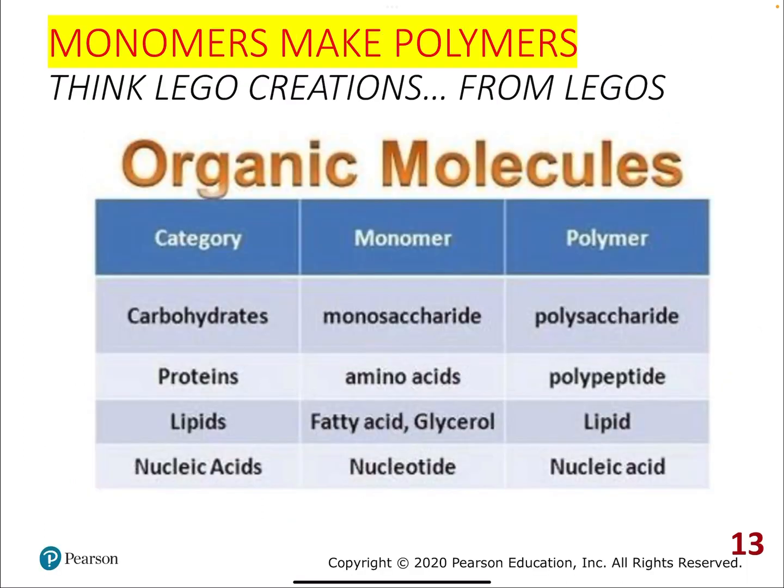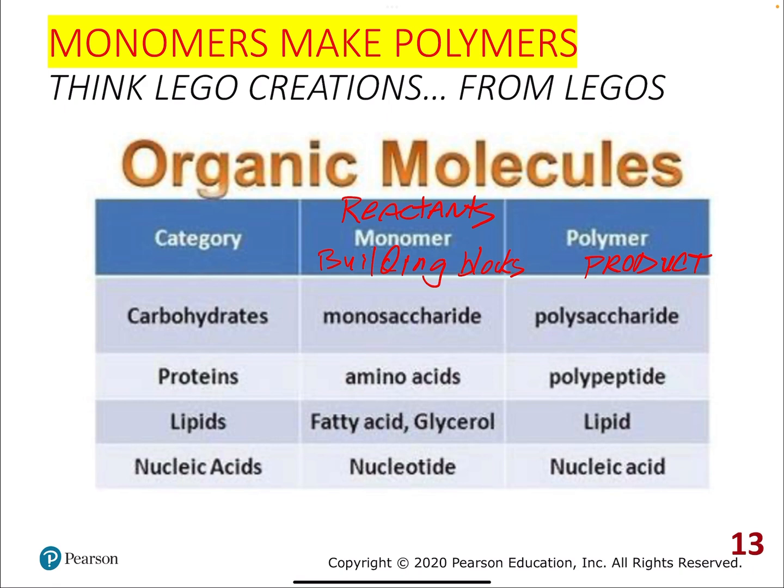So this is a summary of where we've been. We just finished by saying that these are the building blocks. These are the individual Legos. These are the building blocks. This is the product. You could say that these are the reactants. These come together to make a product.